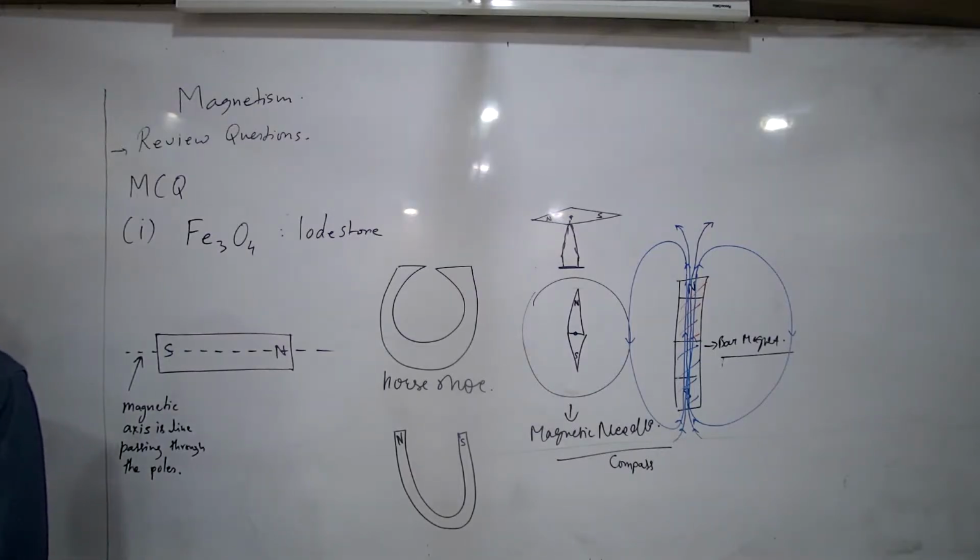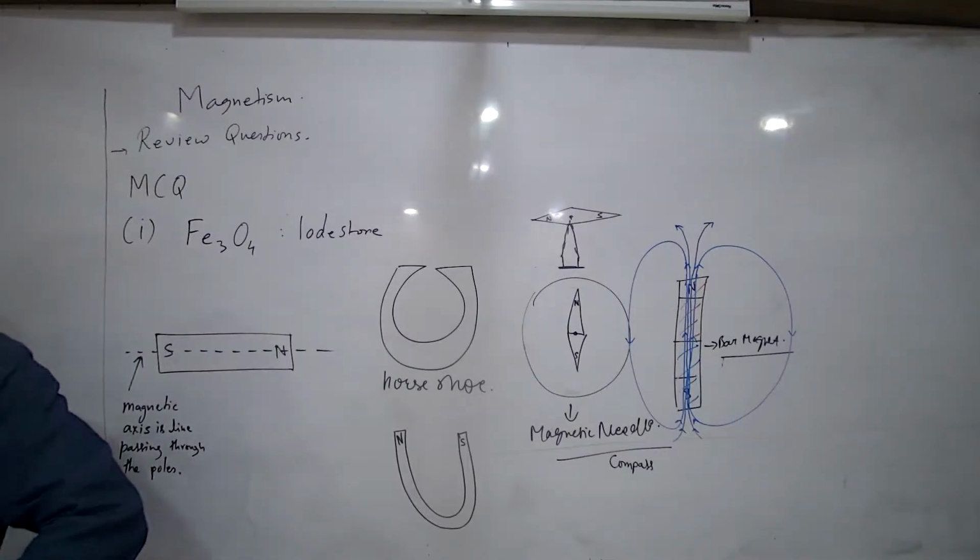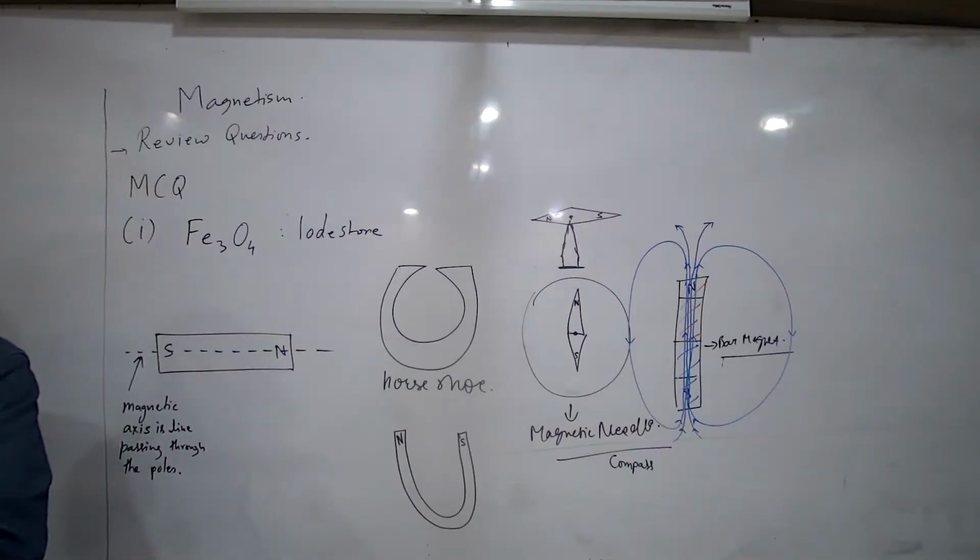So there are various ways of defining a magnetic field. Is that clear? So the magnetic field is the region of influence around the magnet in which the magnetic compass points in the direction other than geographic north, or any other magnetic substance gets attracted towards the magnet. Okay, that's one. We have discussed all this, right?